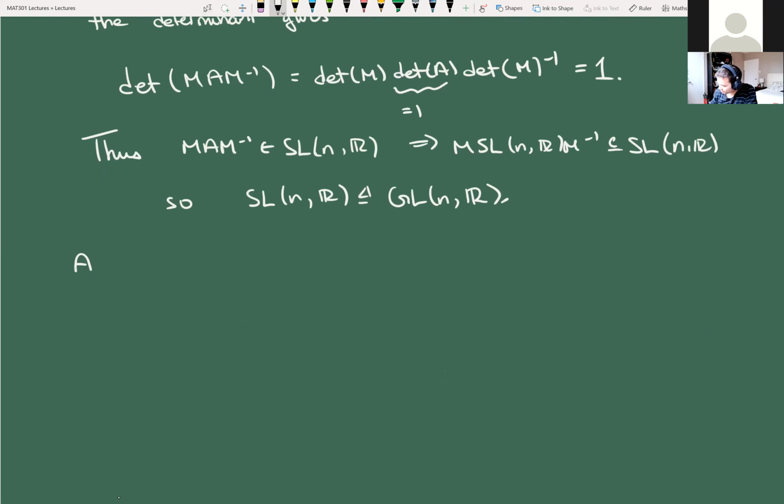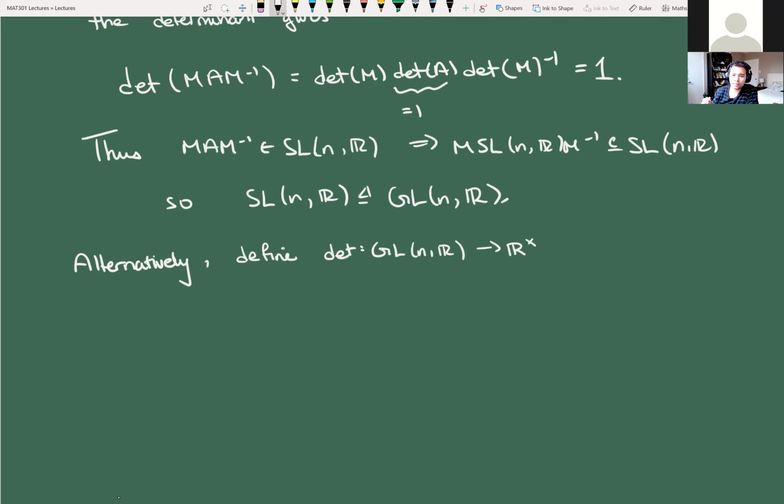So alternatively, I'm not going to go through this in full detail, but start thinking about things in this way, because it's a really nice way to think about things. Alternatively, define the determinant map from GL_n(R) into the multiplicative real numbers.